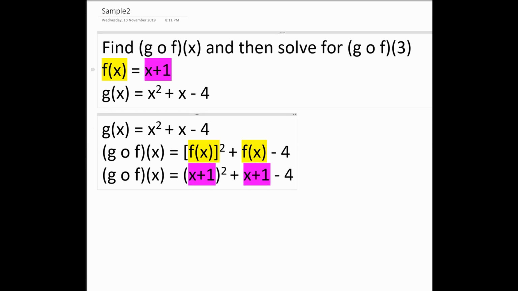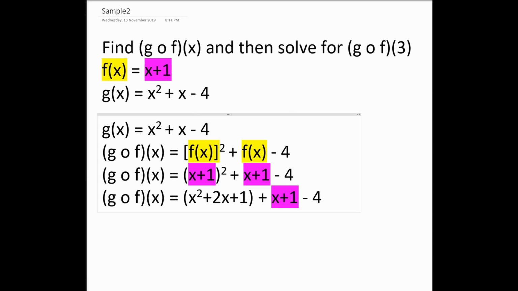The next one, since we know that f of x is equal to x plus 1, we change all of the f of x into x plus 1. Thus on the last line, we have x plus 1 quantity squared plus x plus 1 minus 4. Then after that, we just perform the operation.